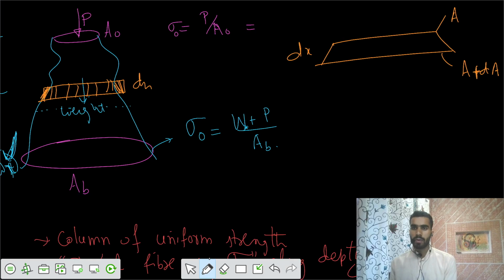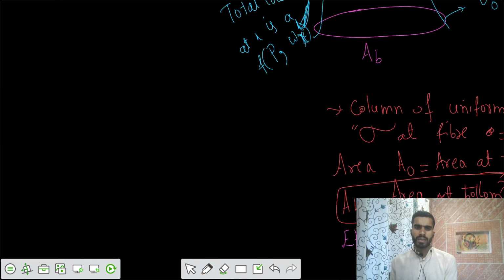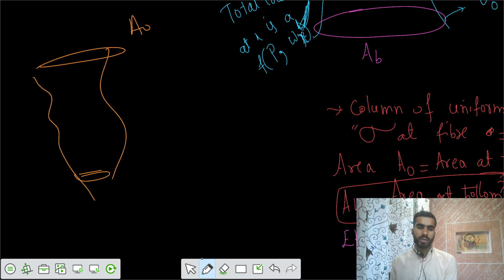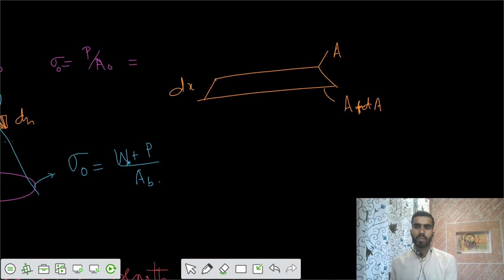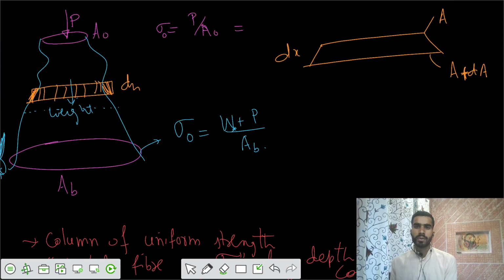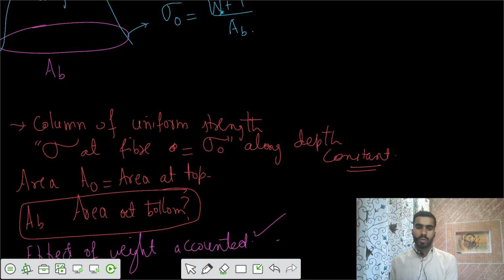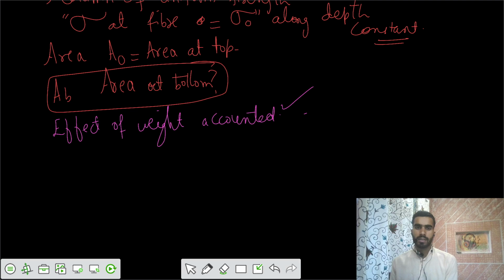I don't know the value of dA. The possibility is that the area can be lesser also. If there is area at the top in this fashion, there is a possibility that the area at the bottom would be some smaller value. I don't know whether dA is increasing or decreasing, but I took it as some value of dA. The question mentions that the effect of weight is also accounted.